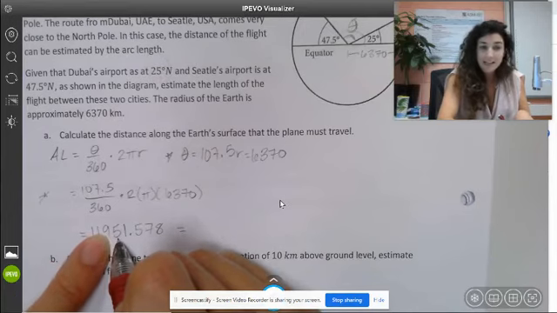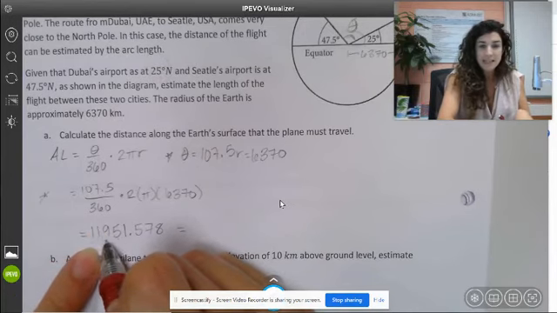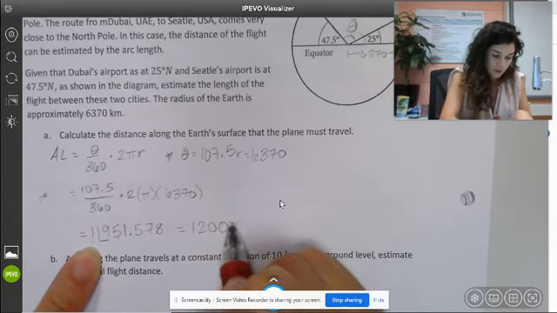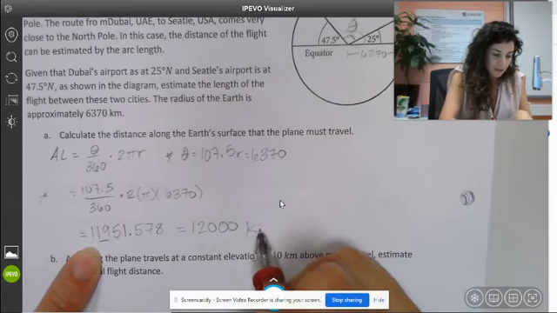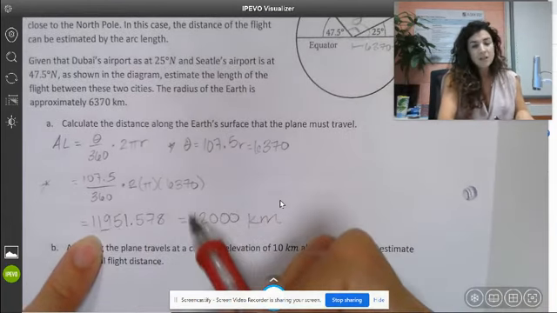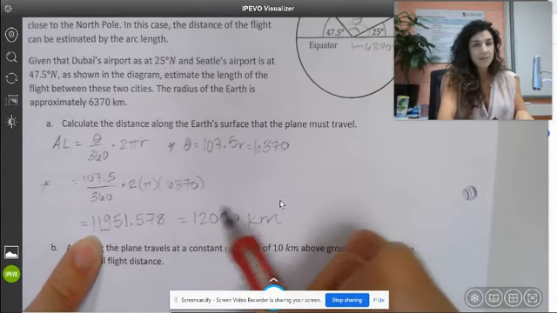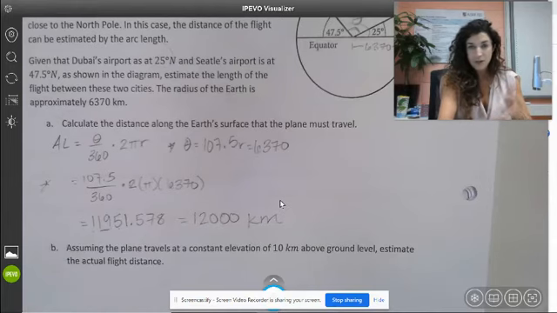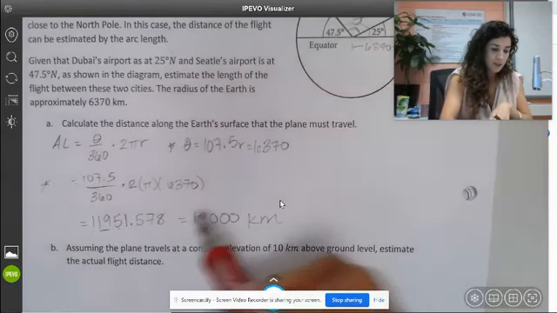Looking at the number afterwards, it's 5, which means that this 19 rounds up to 20. 12,000 kilometers. It's a big rounding, but the difference between this number and this number is actually not that big, and it still gives us approximately the same amount of information. So 3 significant figures are always a good thing to go to.